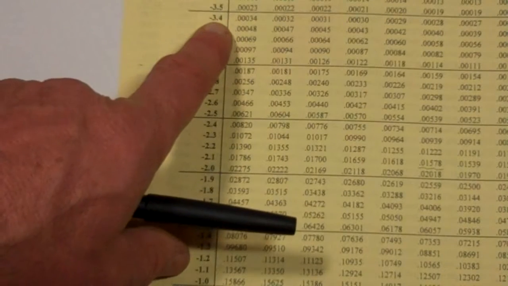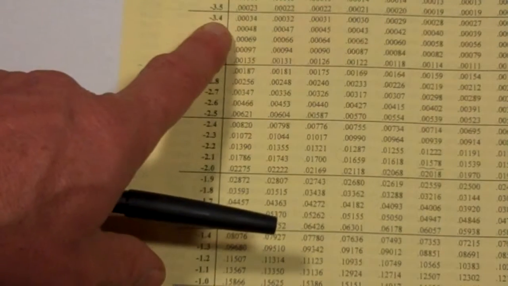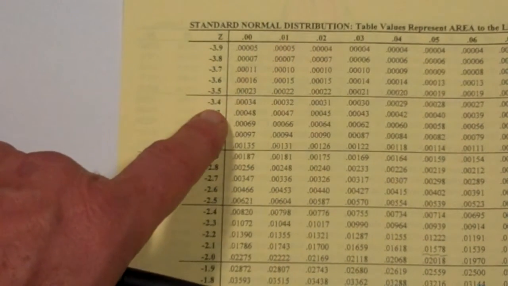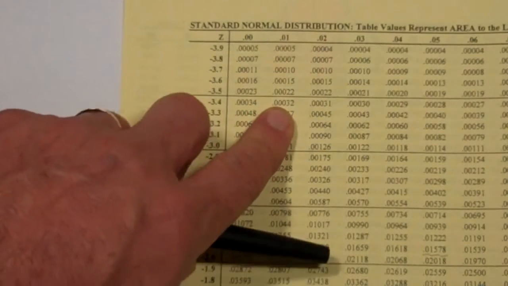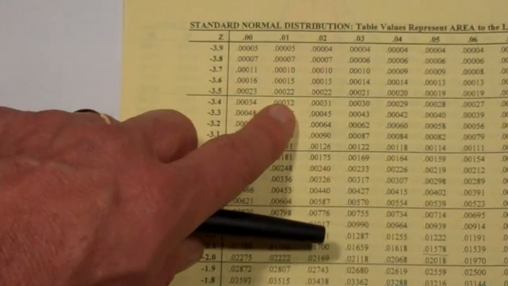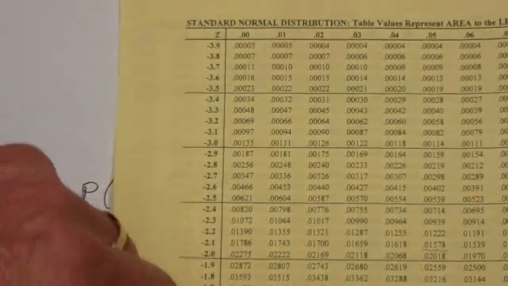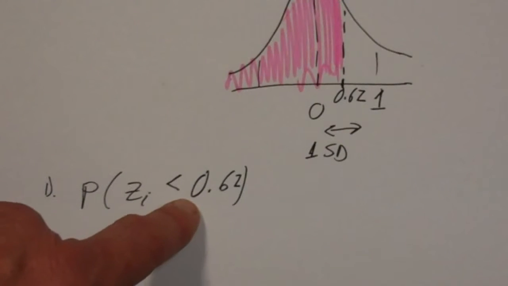That's -3.4. If you read across, that's -3.40, and that's -3.41, and that's -3.42.